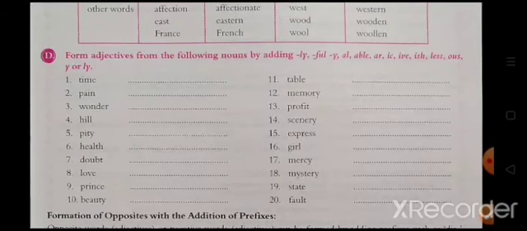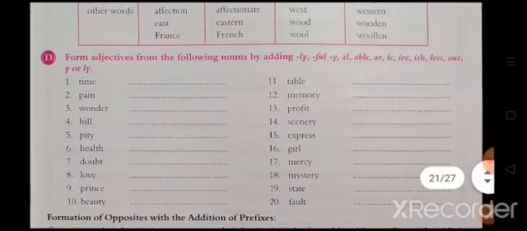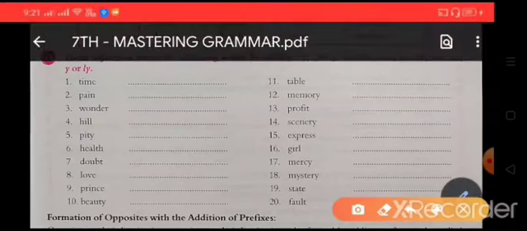Now form adjectives from the following nouns by adding ly, ful, y, al, able, ar, ic, ive, ish, less, and ous. So we have to write by adding these types of suffixes which are given over here.